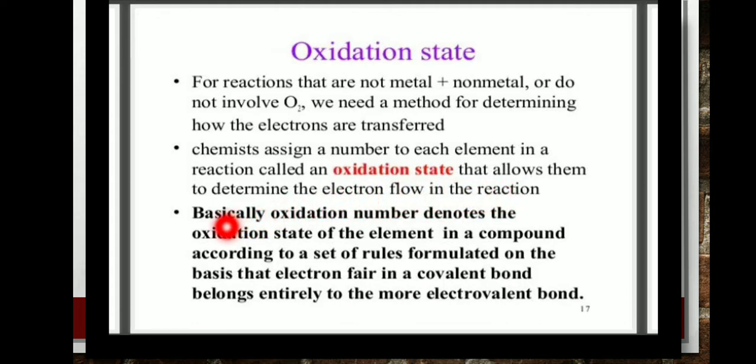It's an important point. Basically, oxidation number denotes the oxidation state of the elements in a compound according to a set of rules formulated on the basis that the electron pair in a covalent bond belongs entirely to the more electronegative atom.